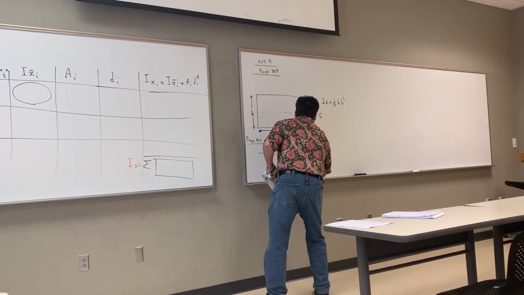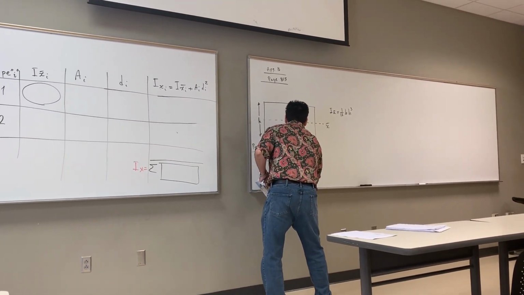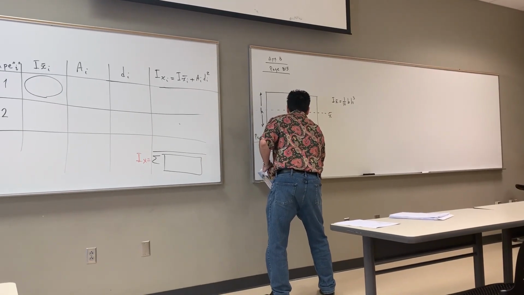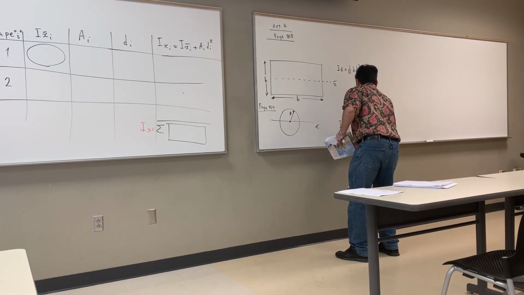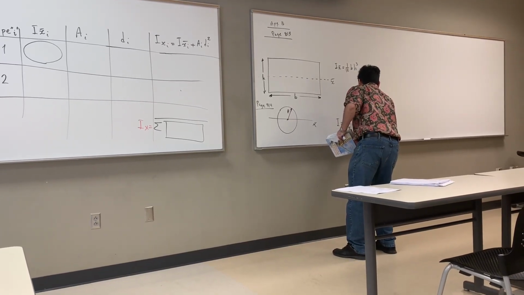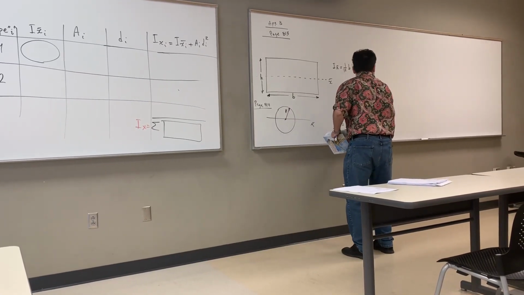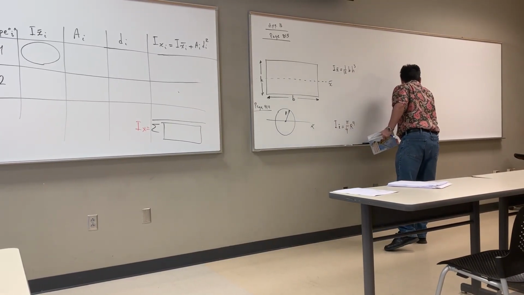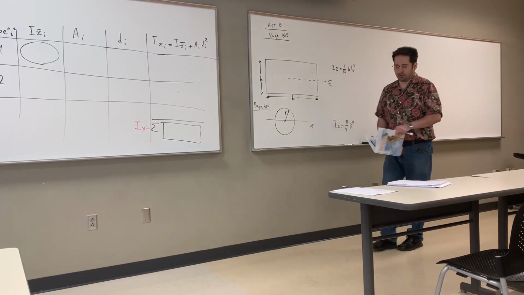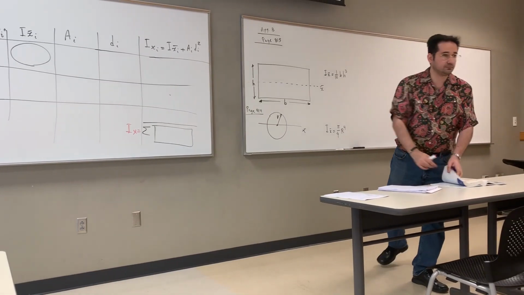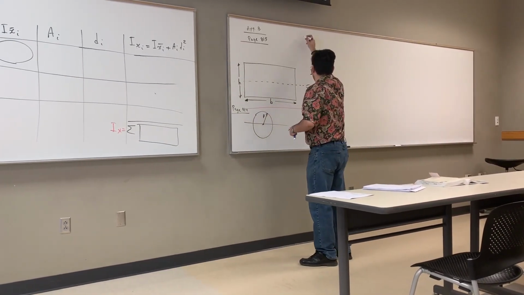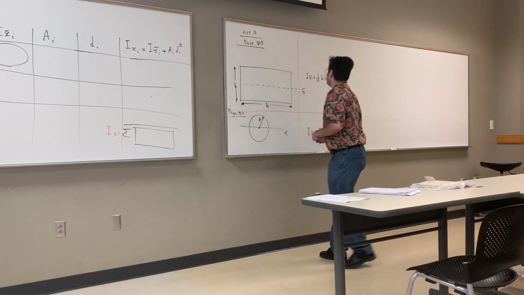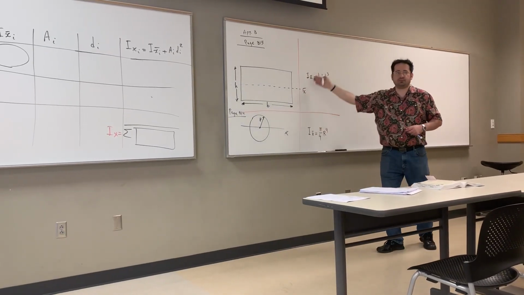There you have a different formula for the circle. You have I x bar equal to pi over 4 radius to the fourth.